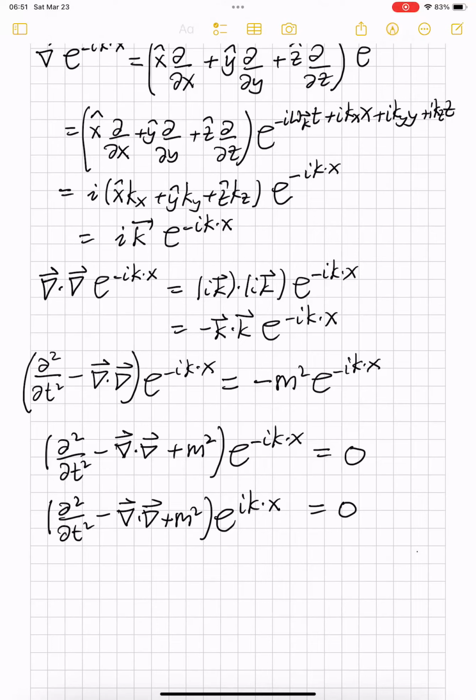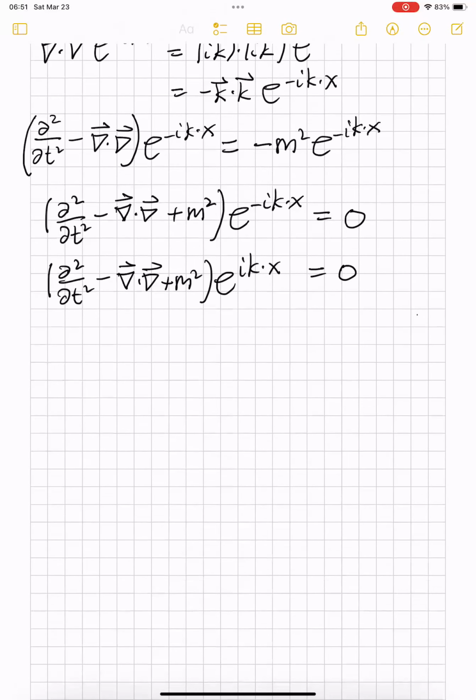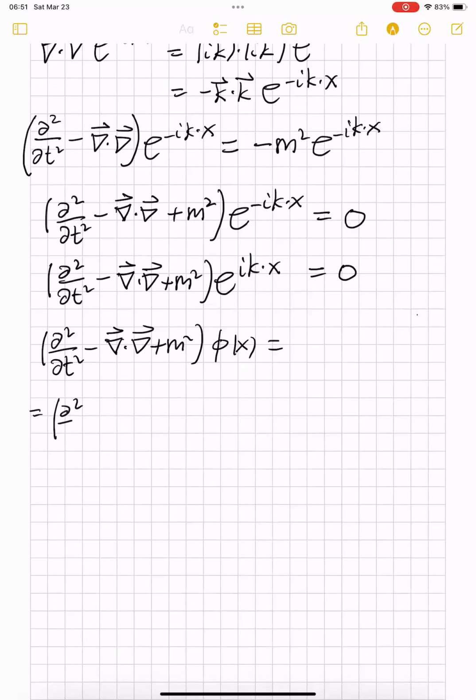Very good. Okay, so now I would like to calculate d2, dt2 minus the Laplacian plus m squared acting on our field phi of x. And let's just put our field back in here. So our field phi of x will be an integral d3p over 2 omega p, 2 pi cubed. So that's easy to remember.